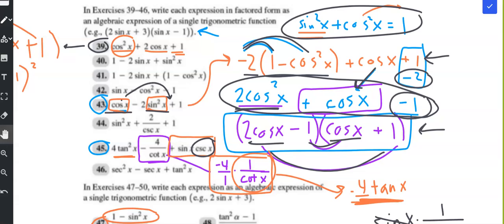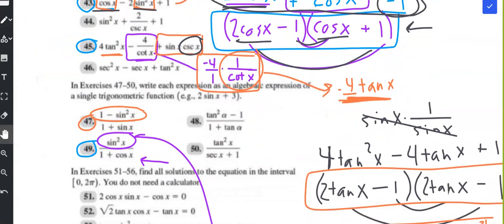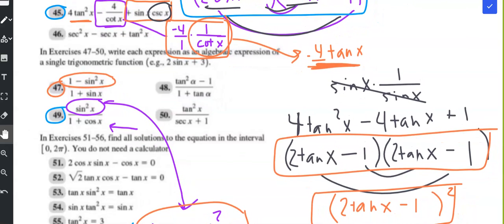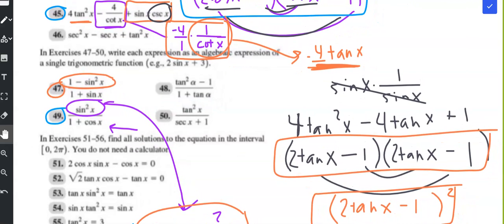On 45, they tried to trick me a little bit. We didn't fall for it. So they tried to disguise the middle term and the constant at the end.